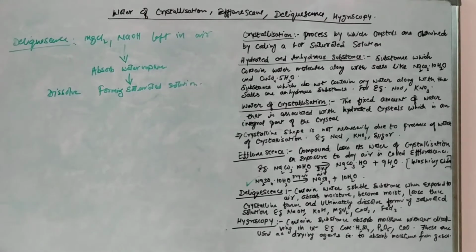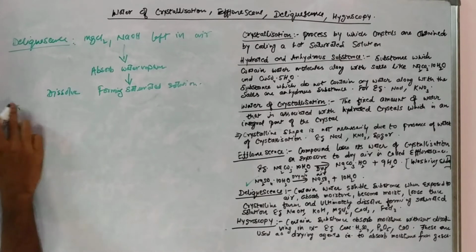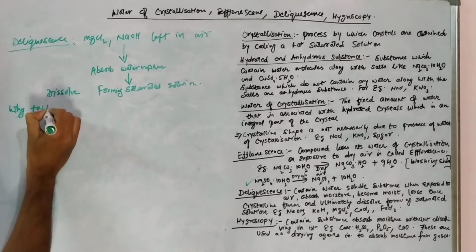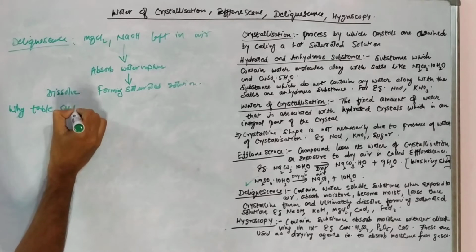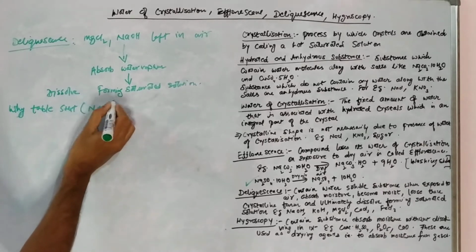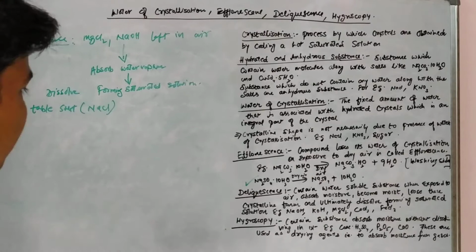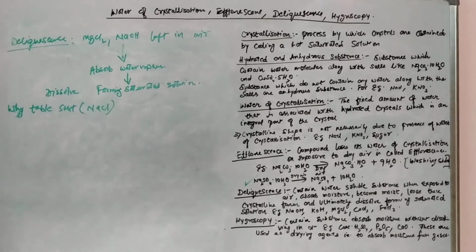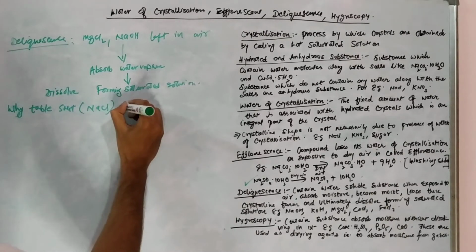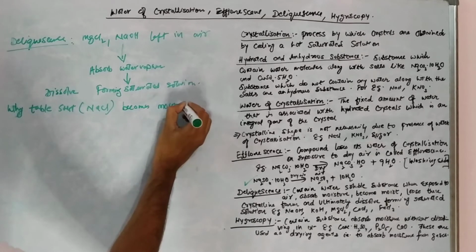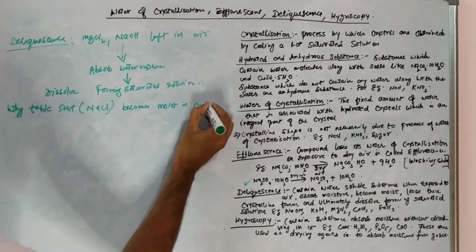Now there is one question that has been asked many times. Why does table salt become moist in rainy season? We know what table salt is. Table salt is sodium chloride that we normally use in our homes. Why does it become moist in rainy season?